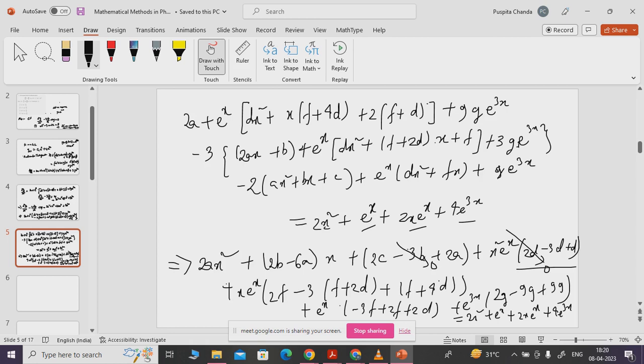We will get a condition from that. 2a will be 2, 2b − 6a will be 0 because there is no term containing x at right hand side. 2c − 3b + 2a will be 0. The coefficient with x e^x will be equal to 2, and with the term with e^x will be equal to 1, and 2g will be equal to 4, so g is equal to 2.